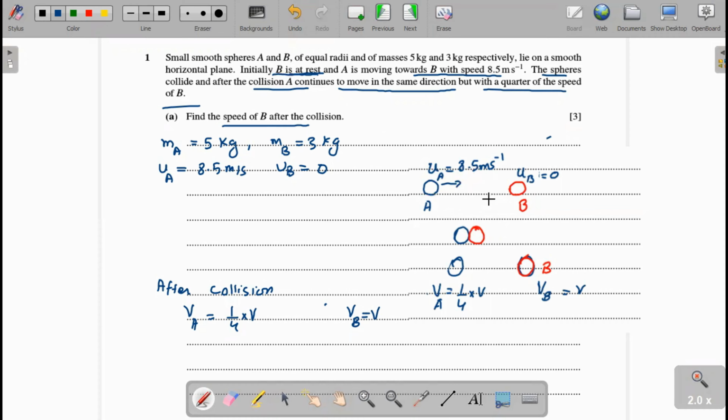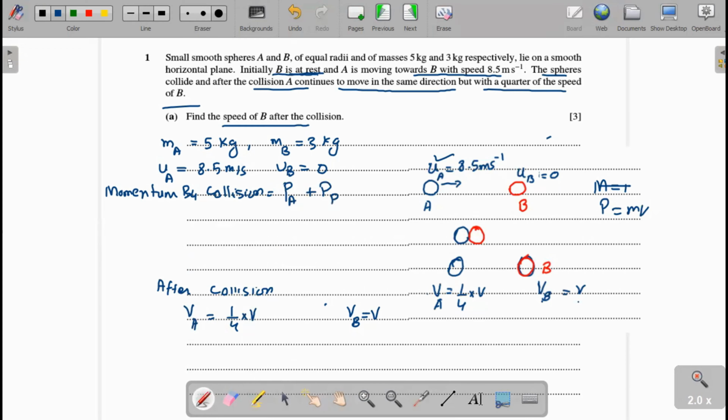You can see here the speed of ball A is 8.5 meter per second. After collision, the speed changes. The speed of A becomes 1/4 of the speed of B. Now from these data, we can find the momentum before collision, PA plus PB.